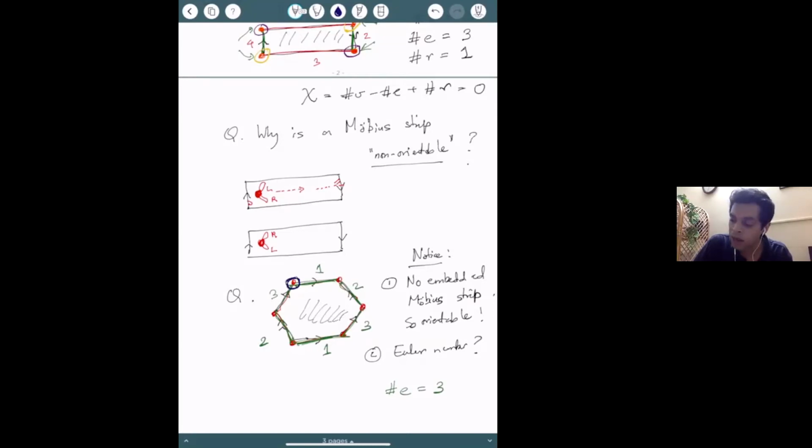When you identify by a translation this way, in the opposite edge, this guy gets identified with this, right? So this is when I'm thinking of it as the endpoint of this edge 3, the edge 3 with an arrow, it ends at that blue vertex. Then I look at the opposite 3, so that's the same edge, so it has to have the same endpoint. So these endpoints are identified.